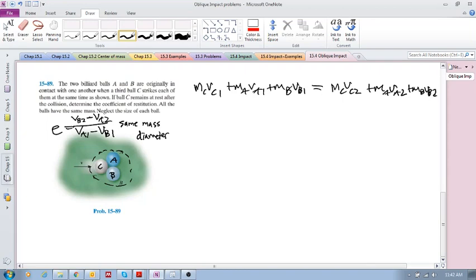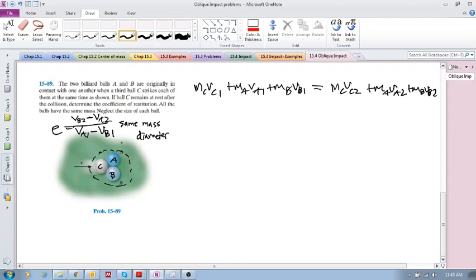Now, you're saying, okay, why did you write all of that out if they've got the same masses? You're 100% correct. So mass of C, mass of A, and mass of B is the same. So we can drop those subscripts C, A, B. These three masses are identical.